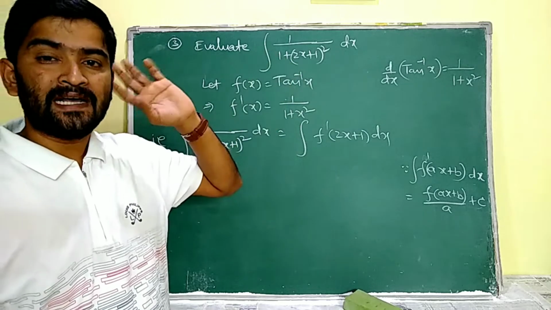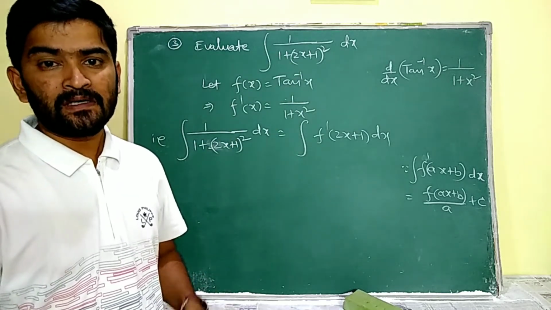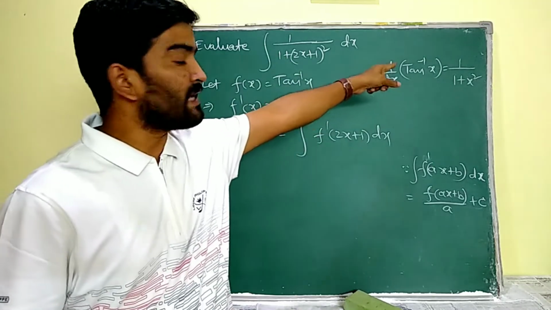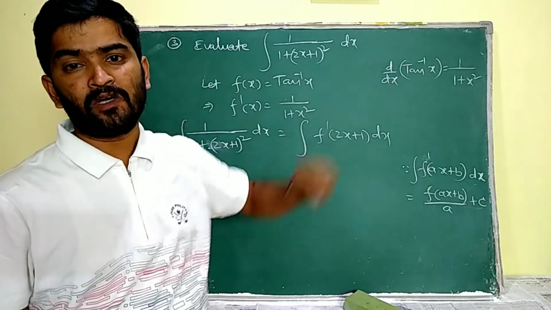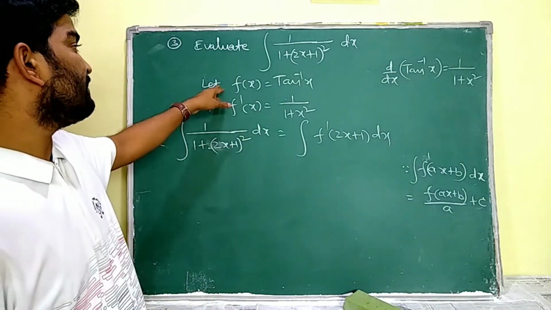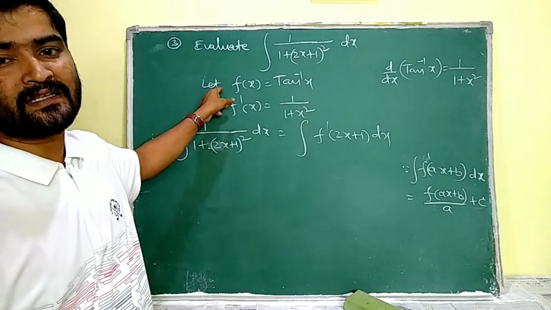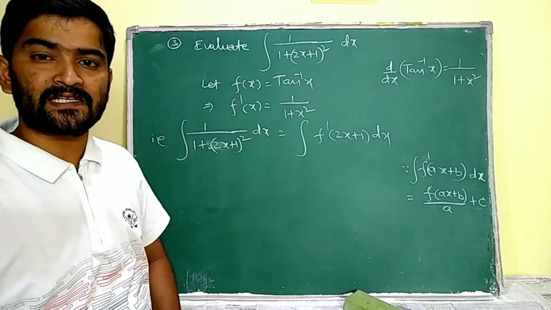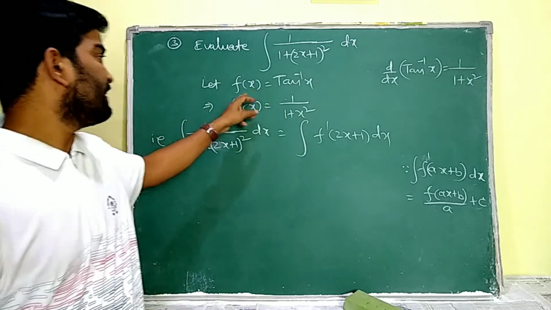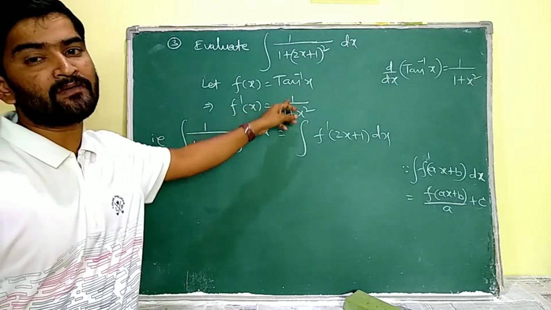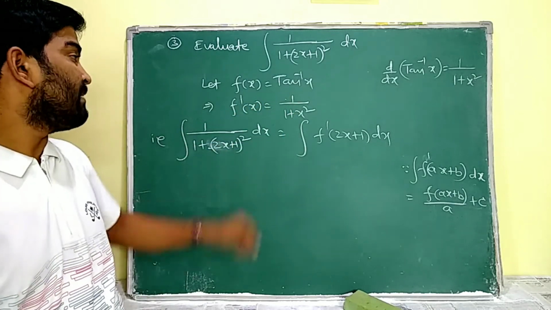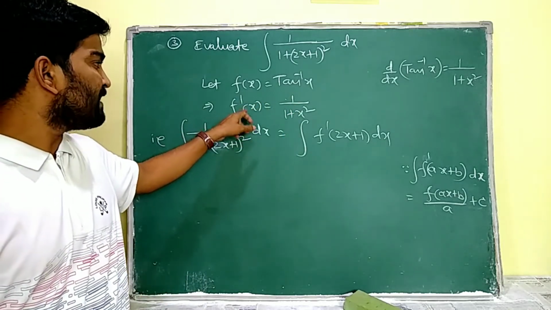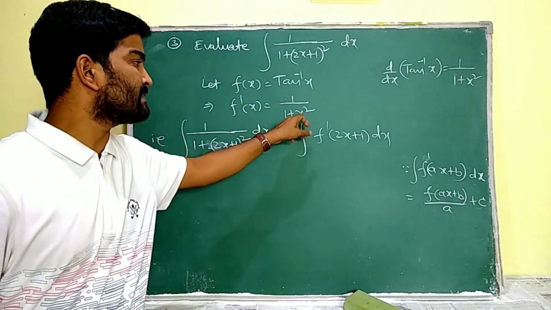Firstly we have to retrieve the formulas of the derivatives. So d by dx of tan inverse x we know is 1 by 1 plus x square. That is why here I am going to consider the function f of x as tan inverse x. Then by differentiating it, f dash of x is equal to 1 by 1 plus x square, we know.